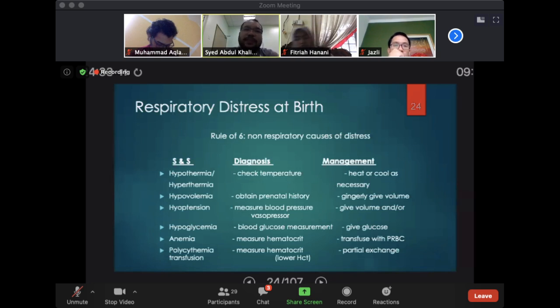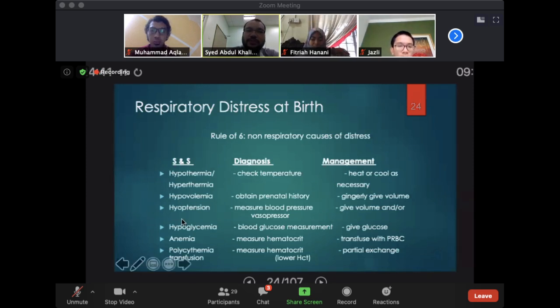Also hyperthermia can cause a baby to be tachypneic and seem to be in respiratory distress. Hypovolemia, of course. Why can hypovolemia cause respiratory distress? Because of the stimulation of the cardiorespiratory center, causing the child to be tachypneic as well. Hypotension. Hypoglycemia as well can cause the child to be tachypneic.